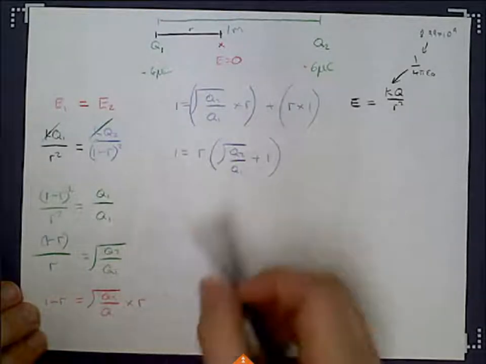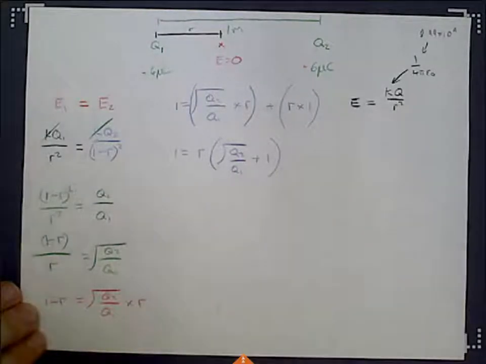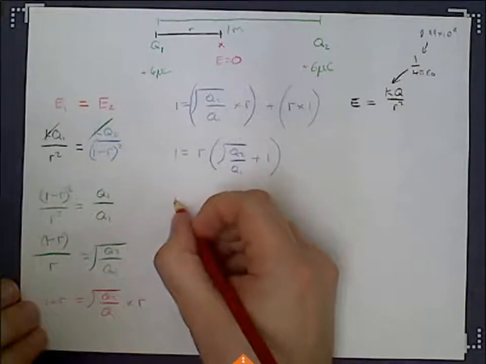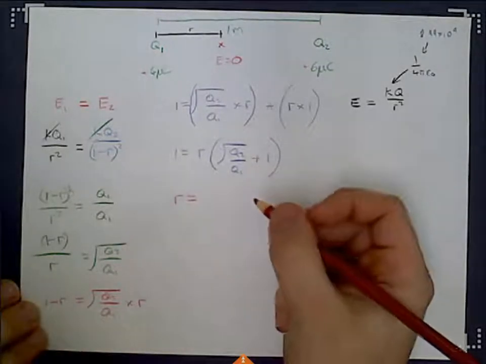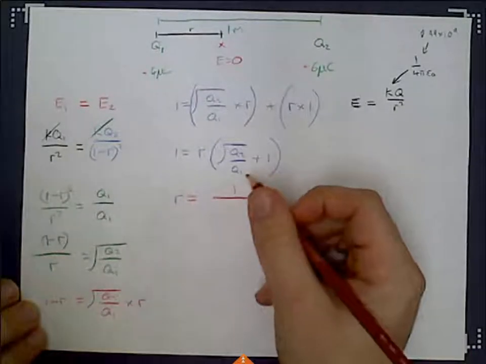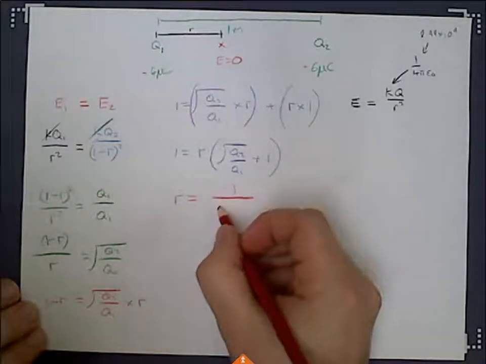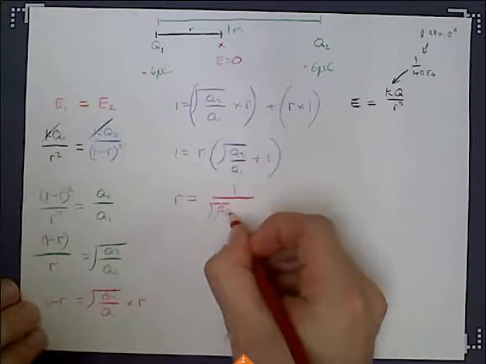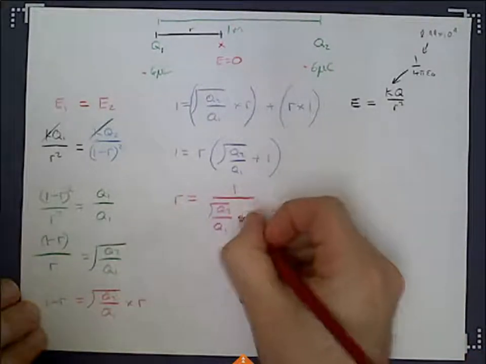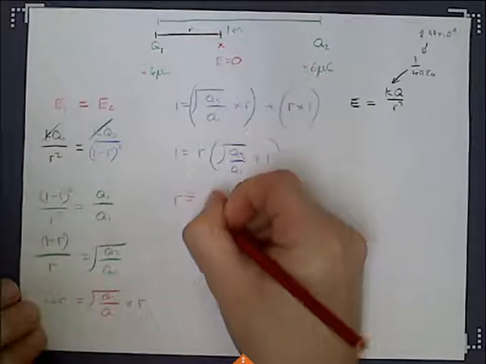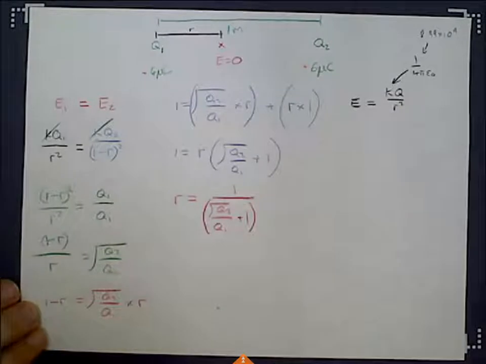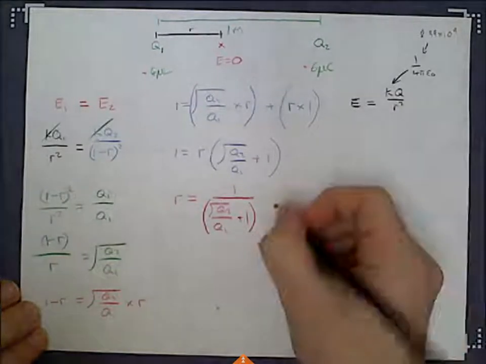So what we can say is that r is going to equal 1 divided by root Q2 over Q1 plus 1. And effectively now, it's just a matter of plumbing in all the numbers.